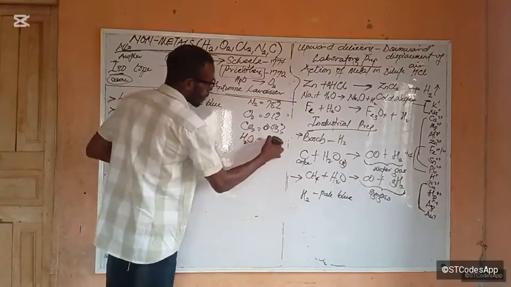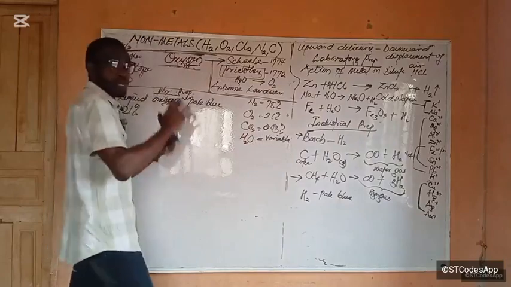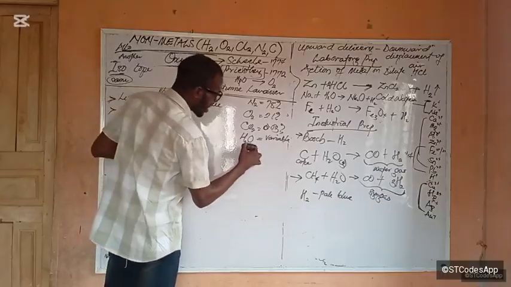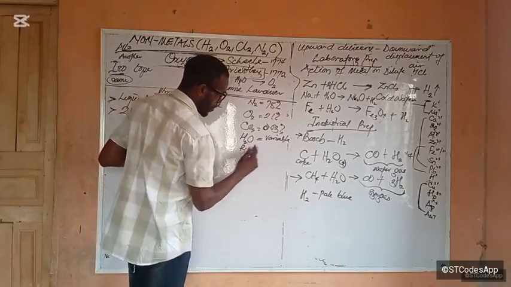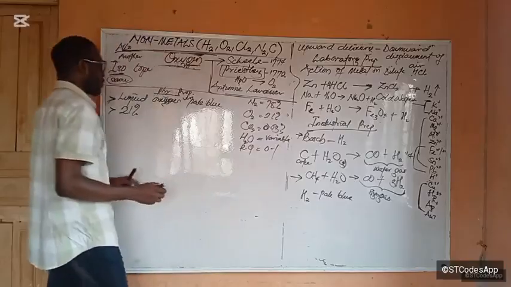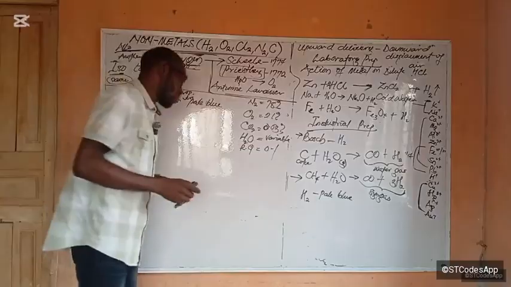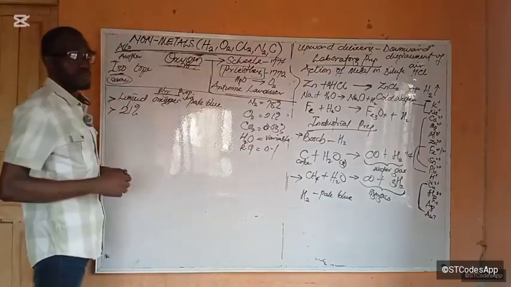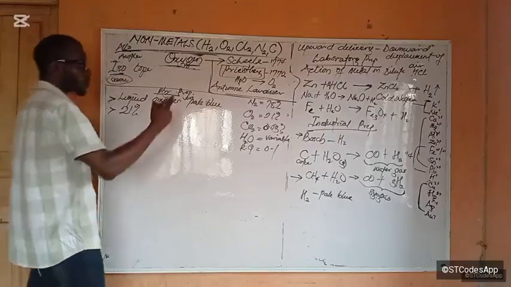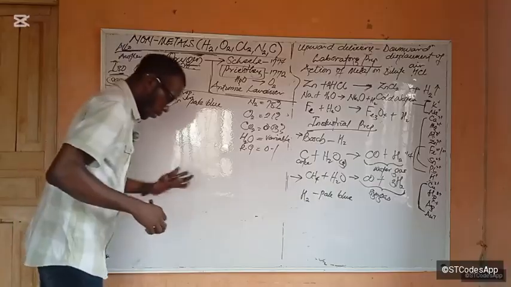We have water vapor, which is variable. The atmosphere is humid in the morning but dry in the afternoon, so it changes. Then rare gases, or noble gases, are 0.1. So oxygen can be prepared even from the atmosphere, from air. That's one of the ways we prepare oxygen industrially. So this guy constitutes 21% of atmospheric air.